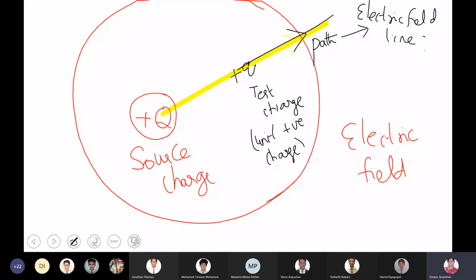The path taken by a unit test charge placed in an electric field is defined as an electric field line.